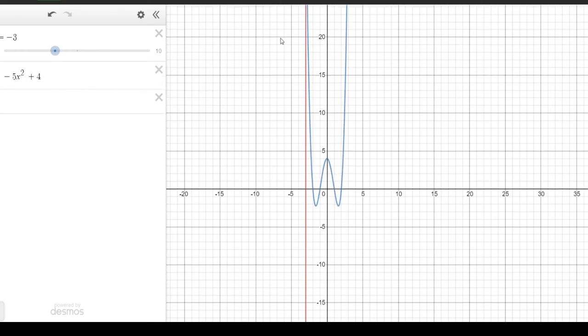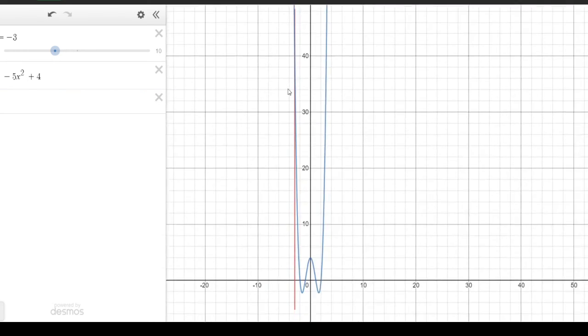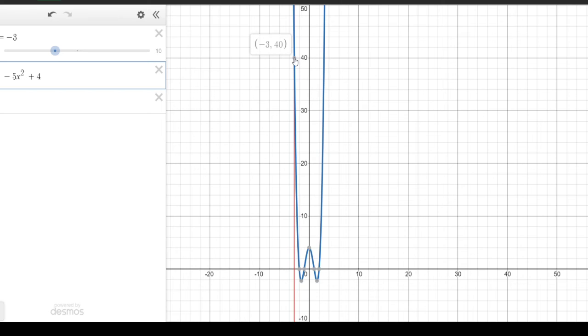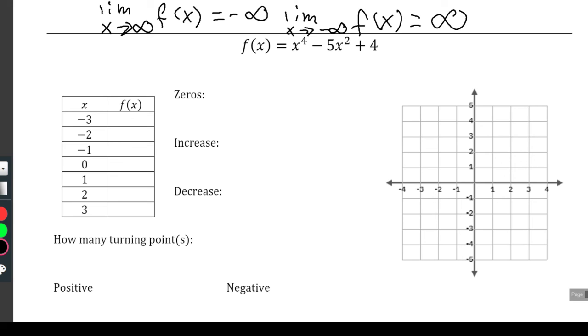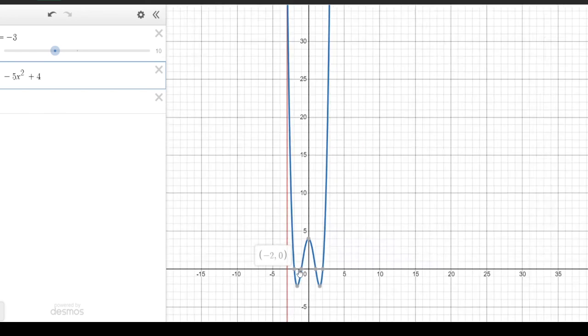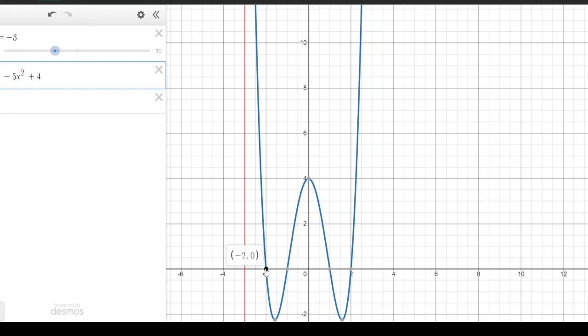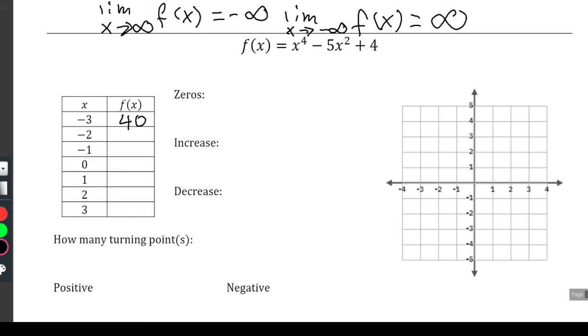So, let me go find this point. When x equals -3, our function equals 40. Go to the right page. So we have 40. When x is -2, y is 0.